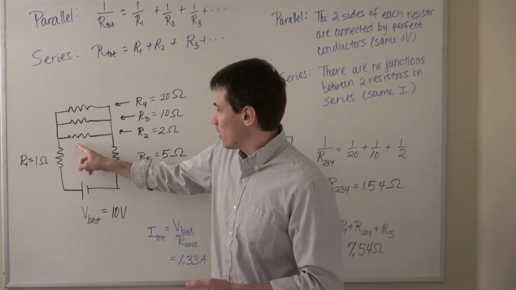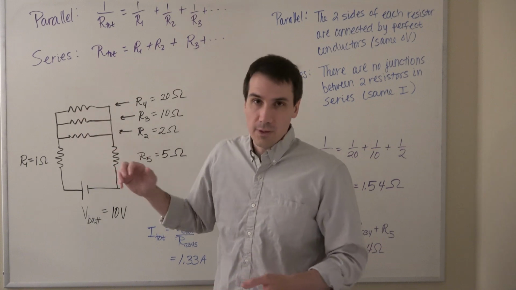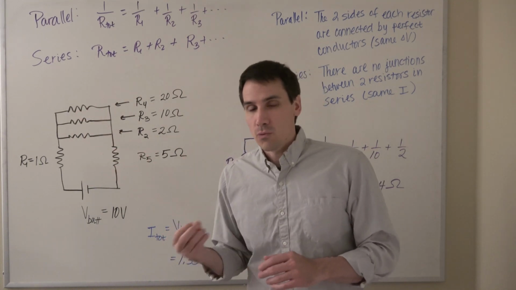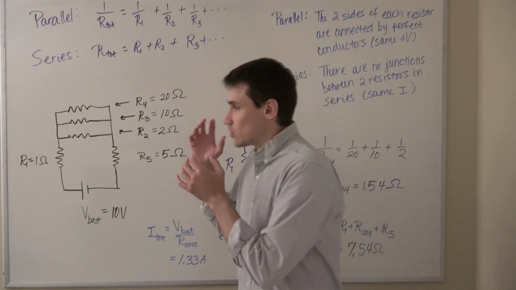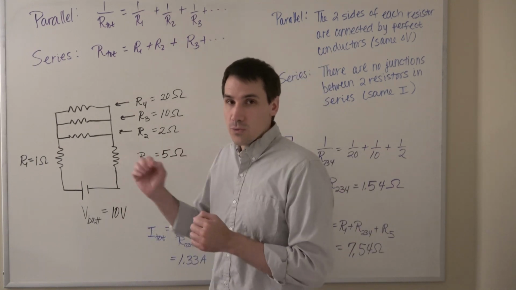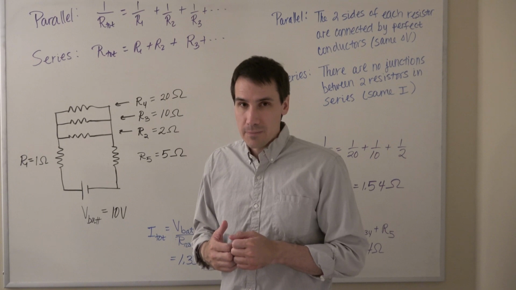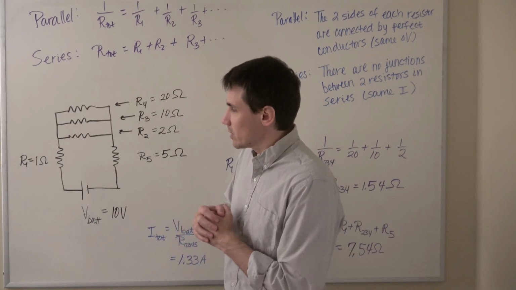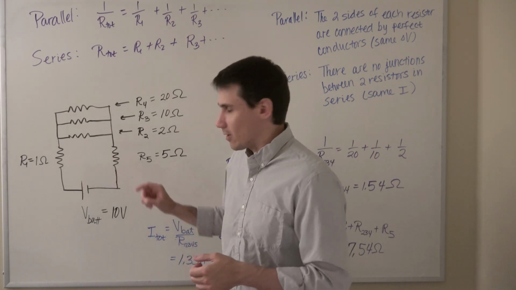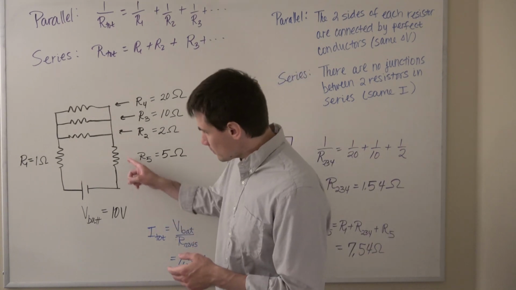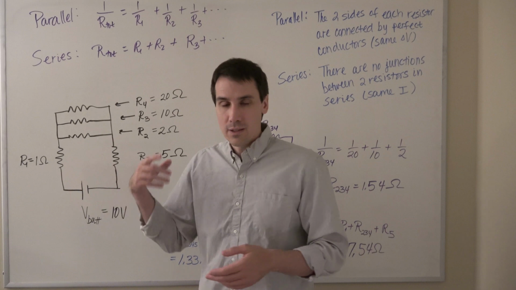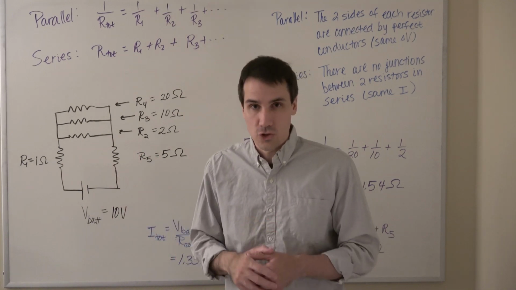The same thing for R1 and R3 and R1 and R4, etc. So in general, what you are going to be looking for whenever you look at a circuit like this is a discrete set of resistors that you can simplify in that moment. There may be multiple choices. For example, R1 and R5 are actually in series. How do I know? Because I can get from 5 to 1 without going through a junction.